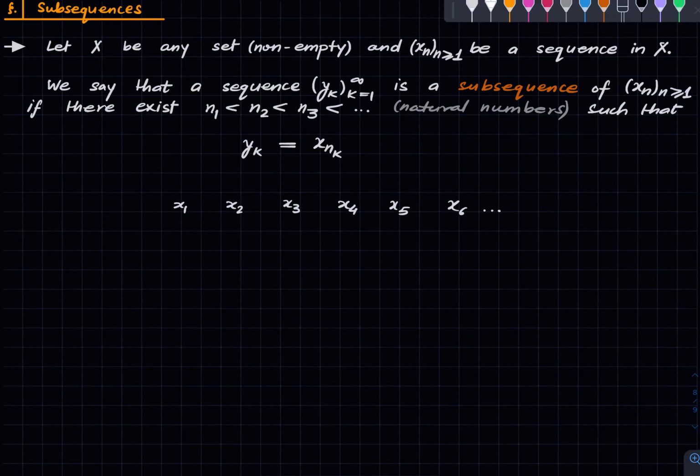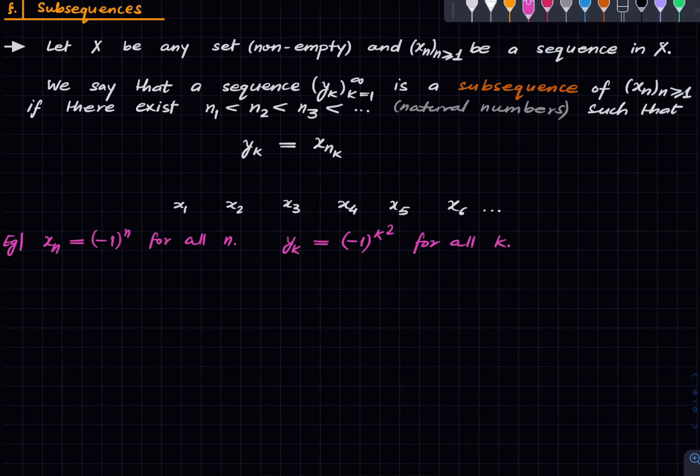Okay. We should take examples. So one example is the following. You can define your sequence xn as, let's say, minus 1 to the power n for all n, and you can define your yk as minus 1 to the power k square, for all k.